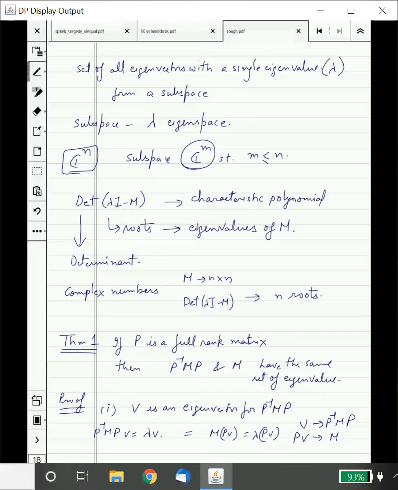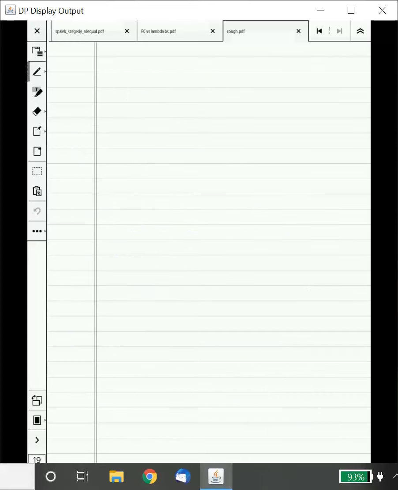What we can show is that if V is an eigenvector for M, then P inverse V is an eigenvector for P inverse MP. This is again not at all difficult, and I will leave the proof to you.